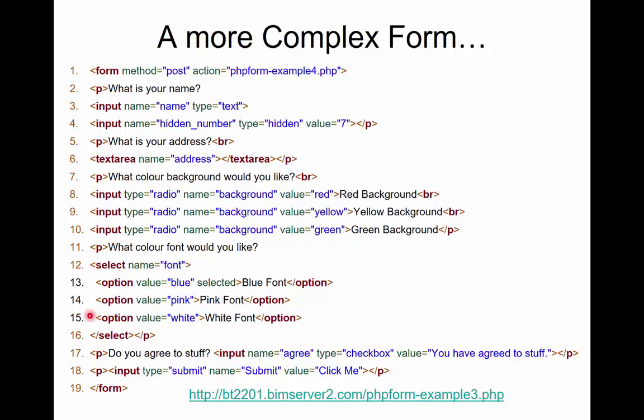Then we've got do you agree to stuff? Yeah, because they often say, do you agree to terms and conditions or whatever. It's a checkbox. What's the variable called? And the value, if we tick the box?